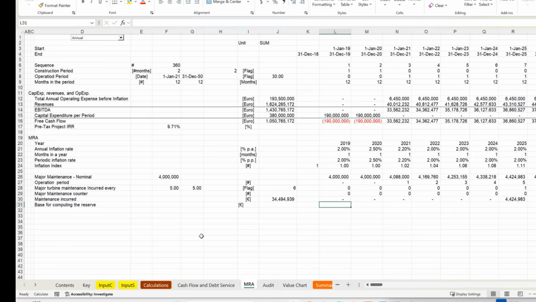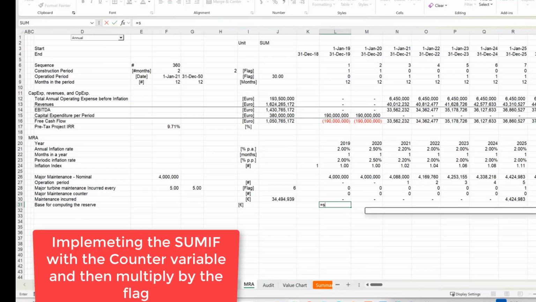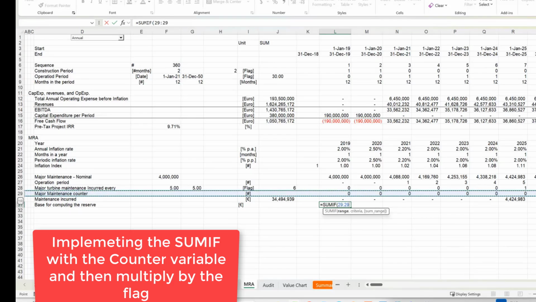Could you put equals sum if, and this is the big trick, you use the counter 2 times. That's the big sum if. Go and click on the entire line for that counter variable, and then you put a comma, and then you go up to the same number. So that's going to count.